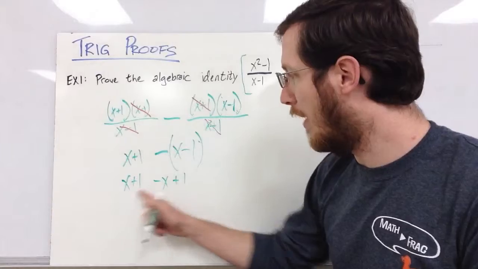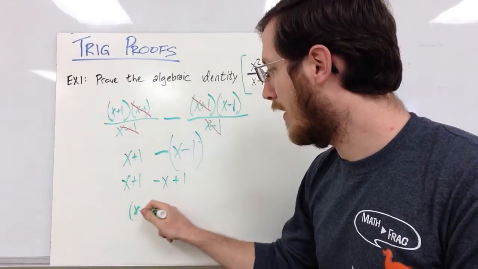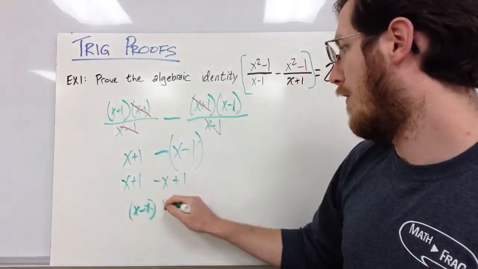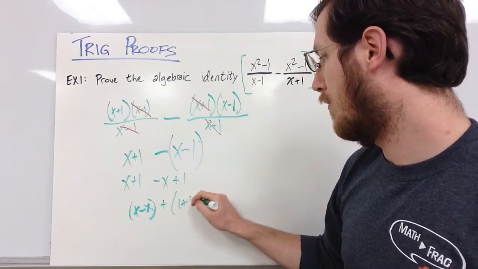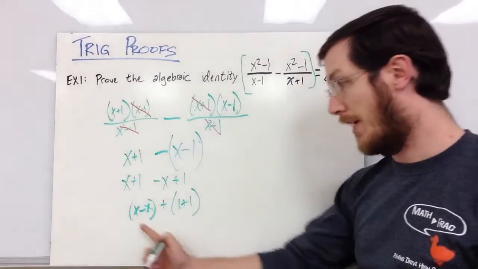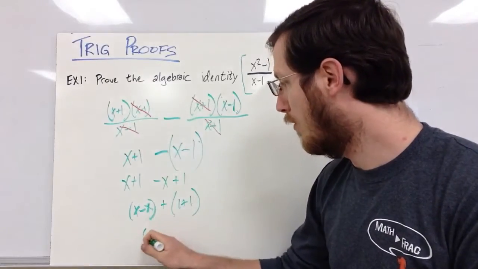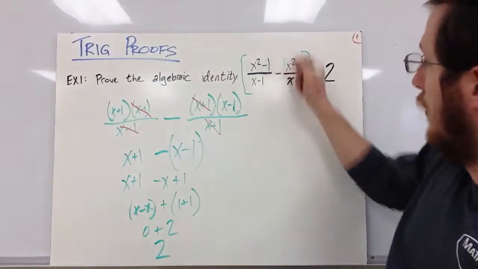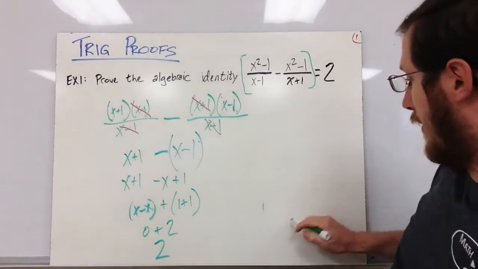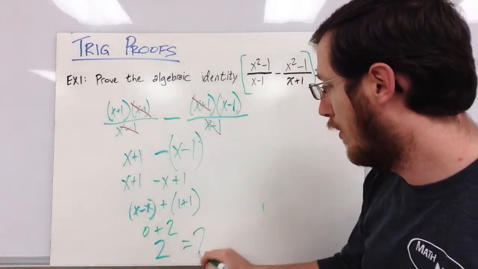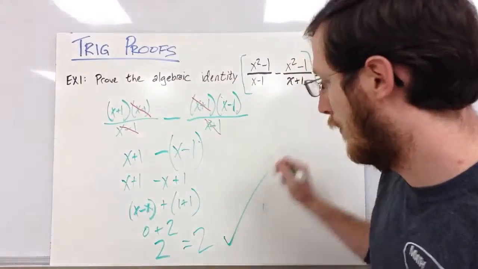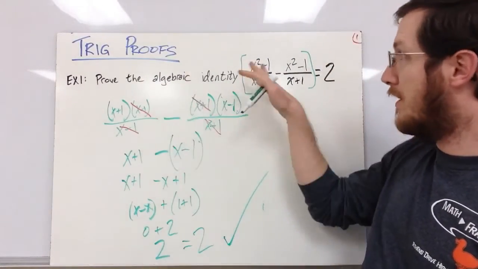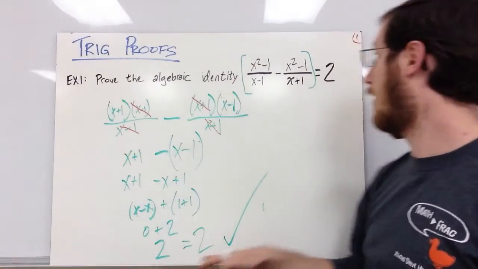Now if we combine our like terms, we've got x minus x, and we've got 1 plus 1. Anything minus itself is 0, so we've got 0 plus 2, which is just 2, so we can bring down the right side of our equation. 2 definitely equals 2. So we knew we were finished when we simplified one side of our equation to make it look like the other side.